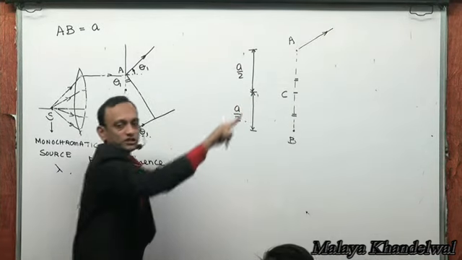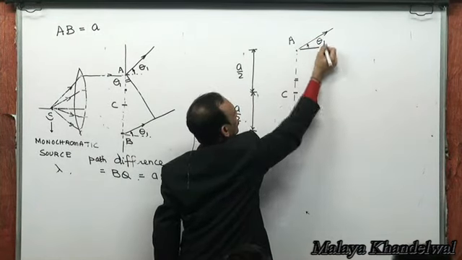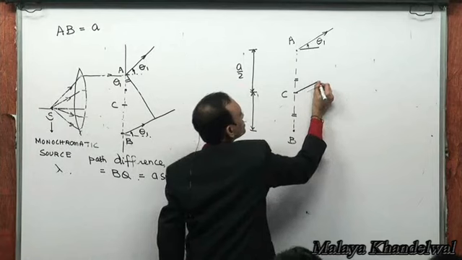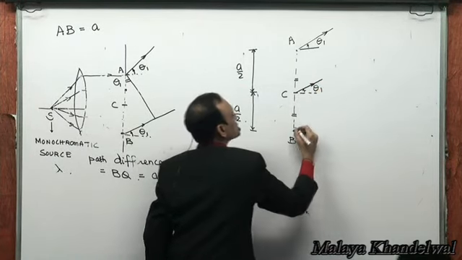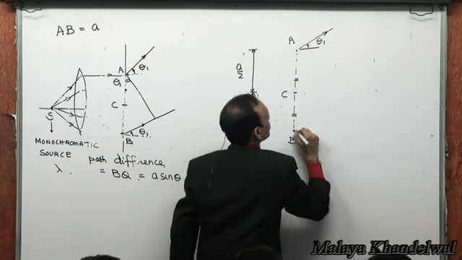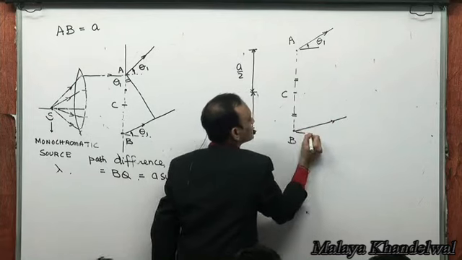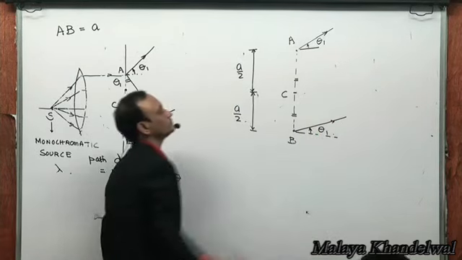There is incident energy diffracted at an angle theta 1 from C. From B also at an angle theta 1.